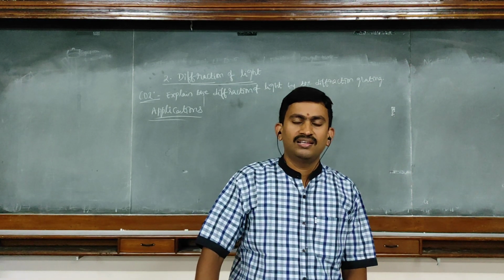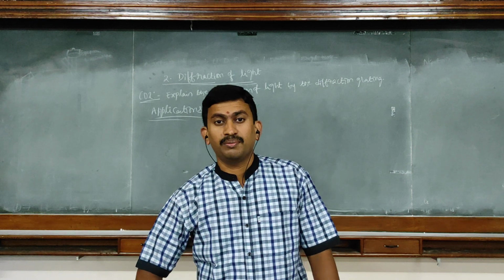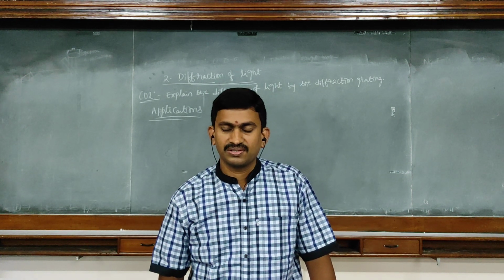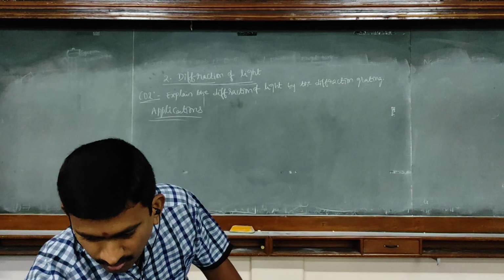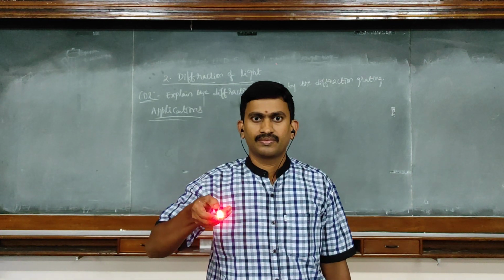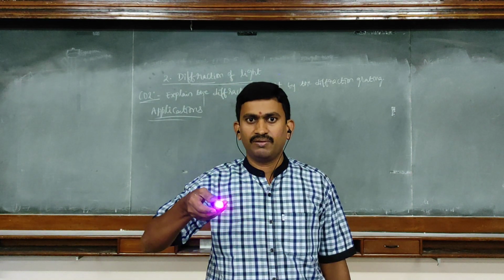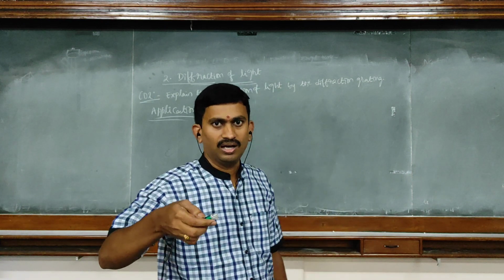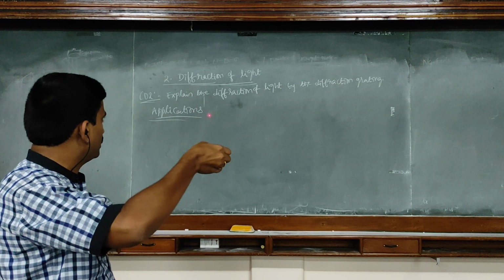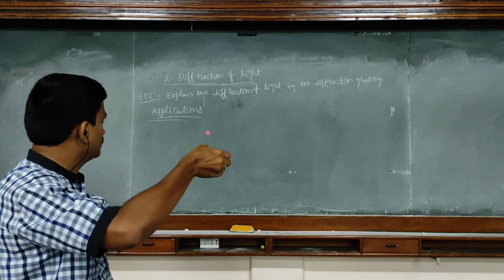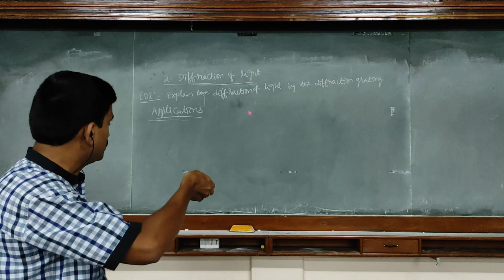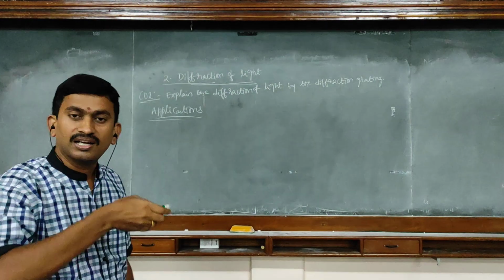If we consider the first one, the student can find out the wavelength of the given light source. For example, if you are given this laser light source, you can find the wavelength of this monochromatic light source. If I switch on this light source, you can see the laser light on the board, and you can find the wavelength of this light source by the use of diffraction of light.